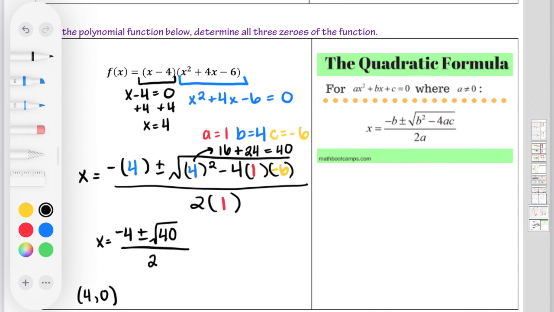And then I want to see if I can simplify this any more. I could simplify this more by seeing if there's any perfect squares that go into 40 and pulling it out of the square root. We didn't really do this in class, but you can simplify things like this. I'm going to leave the -4, and then think if there's any perfect squares that go into 40.